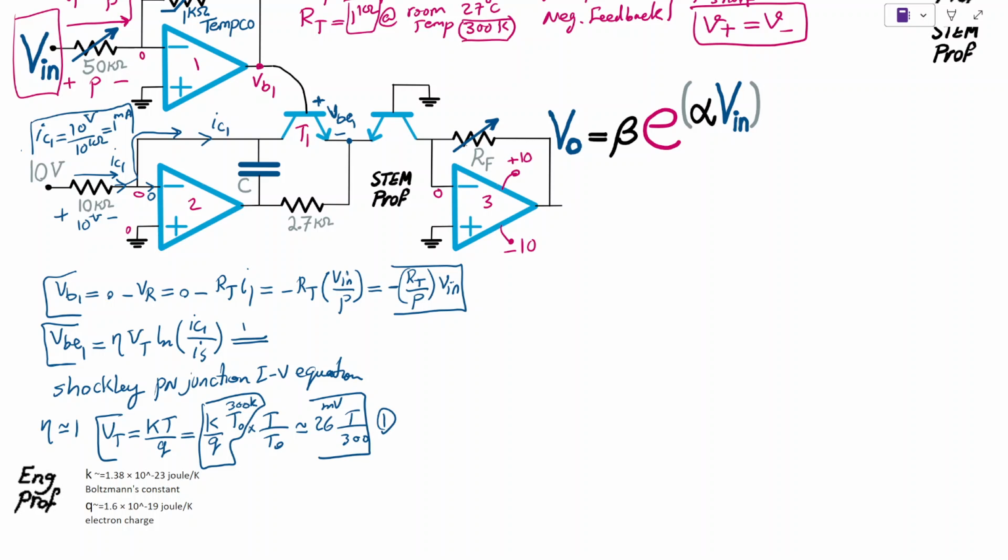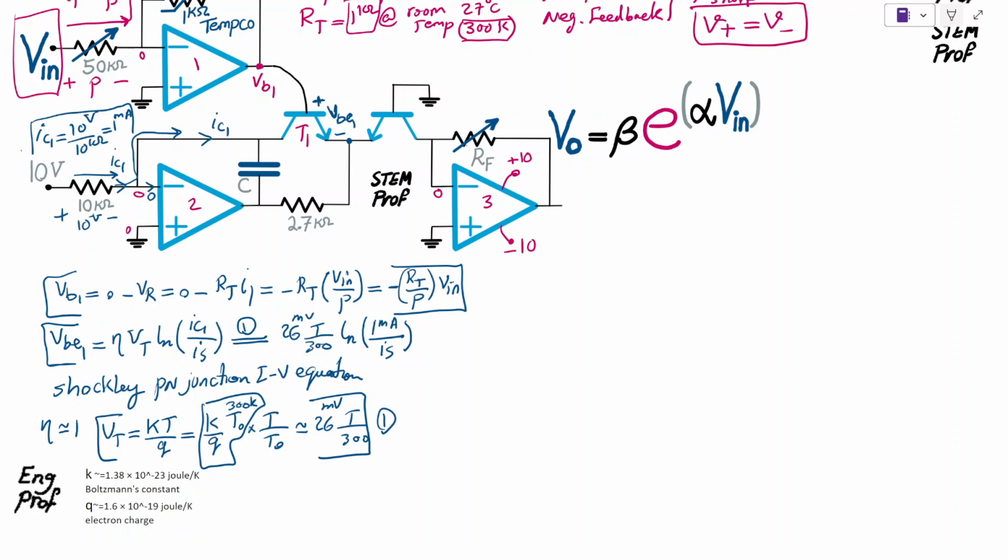Knowing that ideality factor is practically 1, I'm not going to write it, but instead of Vt, I'm going to substitute from equation 1. So I'm going to write 26 millivolt, and then I have T over 300, and then natural logarithm, and then we have IC1, which we just computed, 1 milliamp. So 1 milliamp divided by Is.